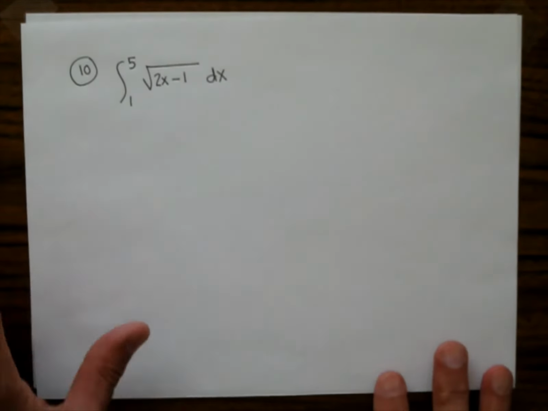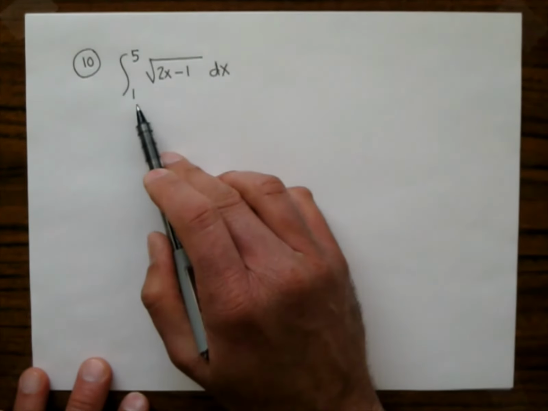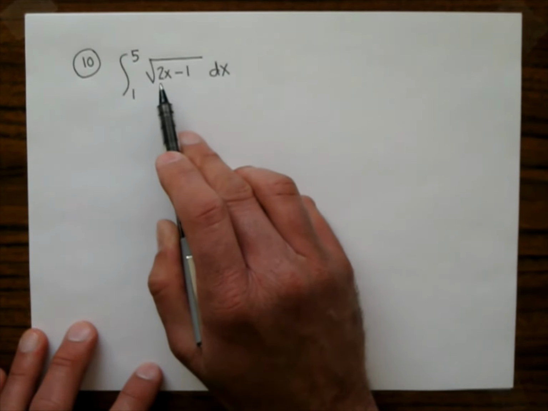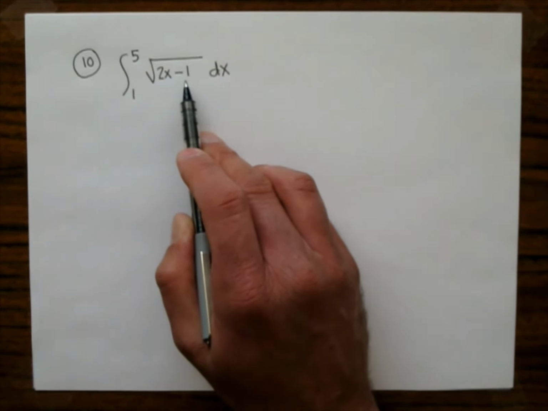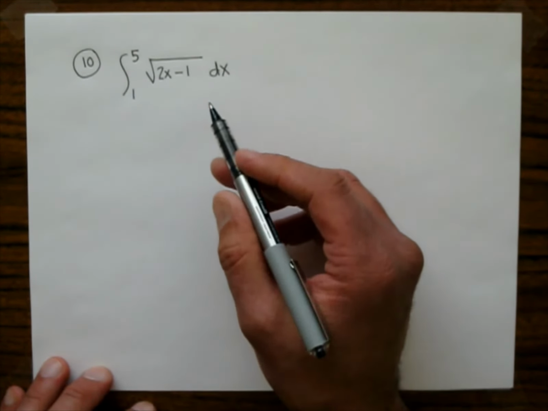So now what's new on this? What is new is this is a definite integral. We have the integral from 1 to 5 of the square root of 2x minus 1. We're finding a net area, and we're going to do a u-substitution.